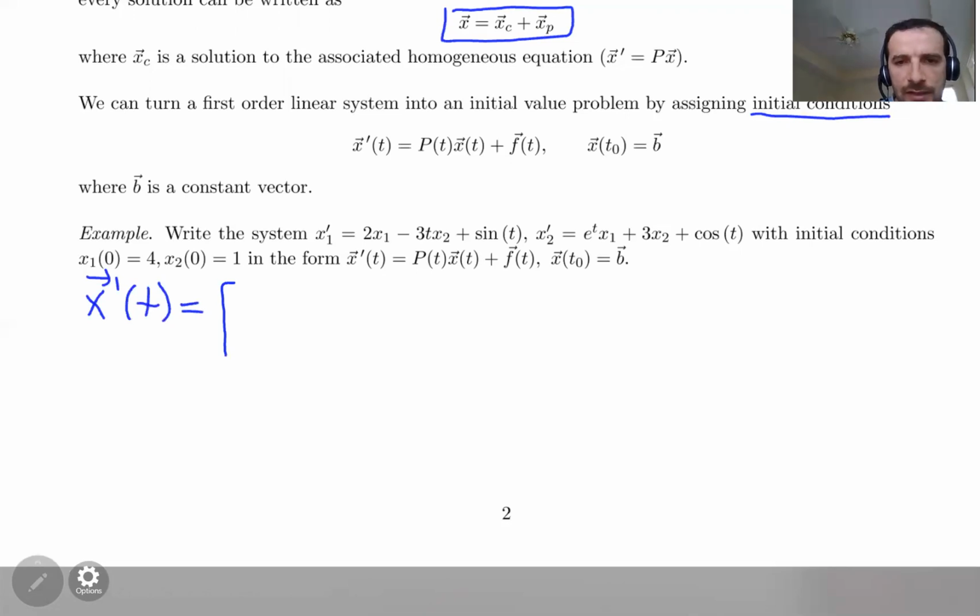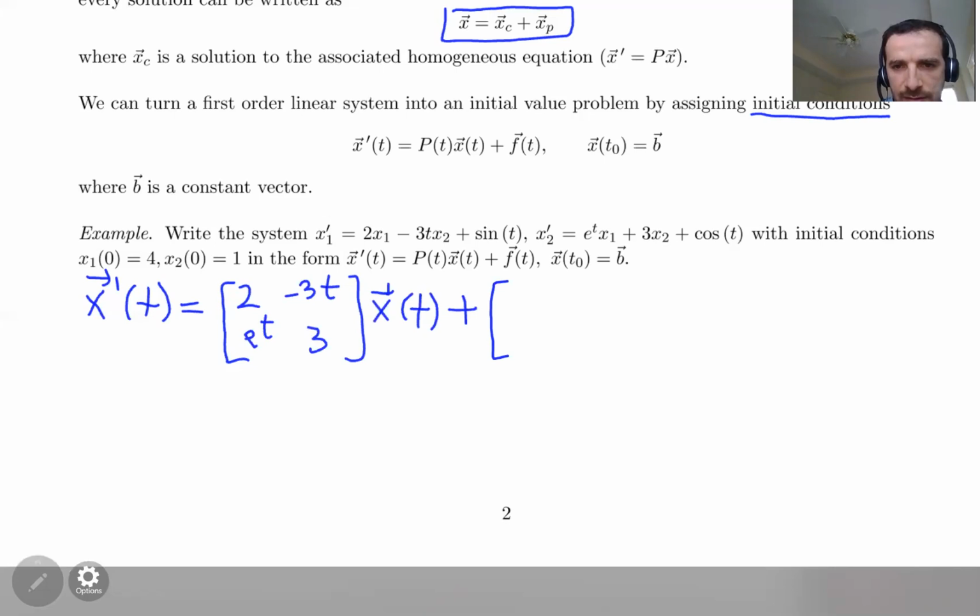P of t, just look at the coefficients of x1 and x2, right? 2, negative 3t, and e to the t, 3, times x of t, plus, and f of t is this part, right?